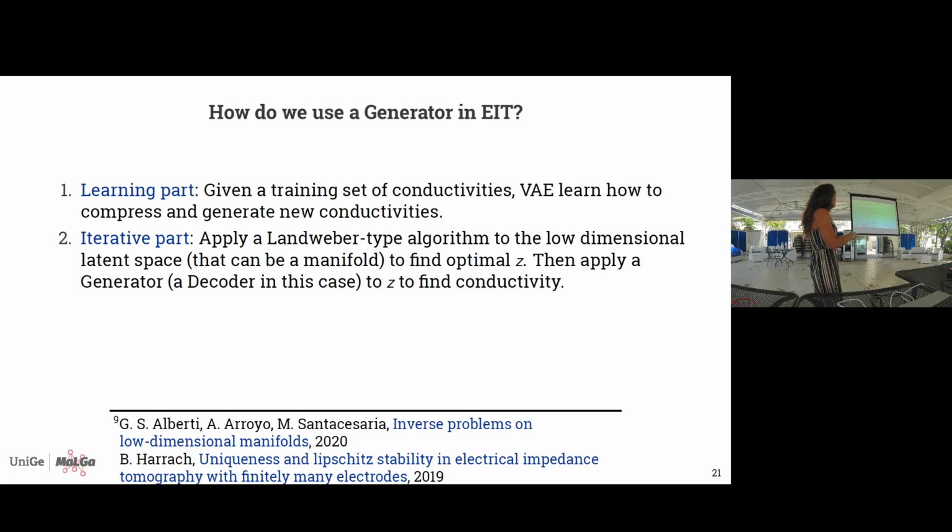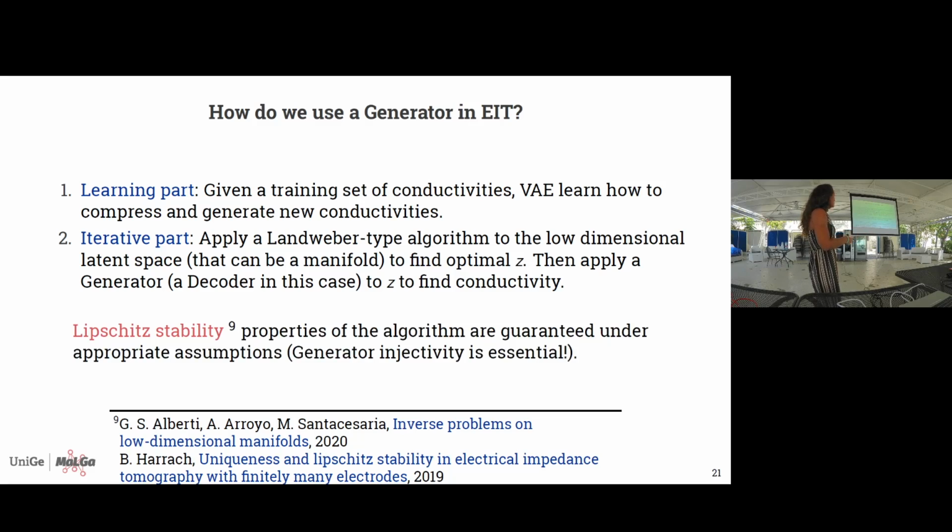In this case, with our structure, we find that this algorithm is Lipschitz stable thanks to the generator injectivity. So we construct first our generator, then we study the injectivity of F, and if we impose the condition of the theorem that I showed you before, we obtain Lipschitz stability.